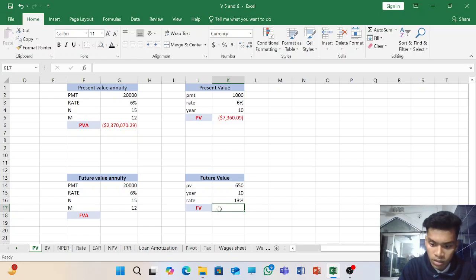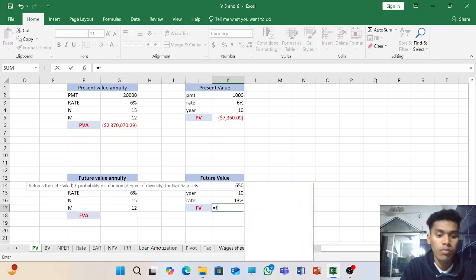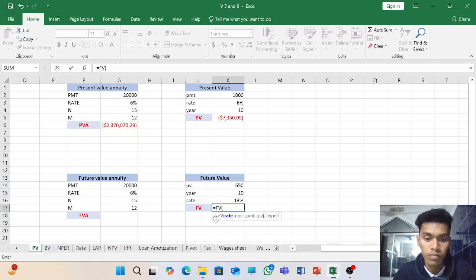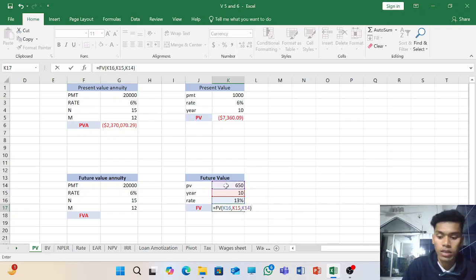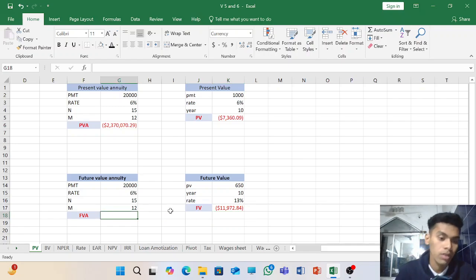Again, the formula of the future value equal FV, then rate, comma, NPER, that means the year, and then PMT, which is 0, and the present value, and bracket close and enter. We can see the future value.